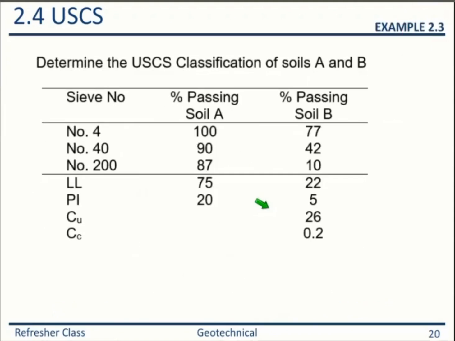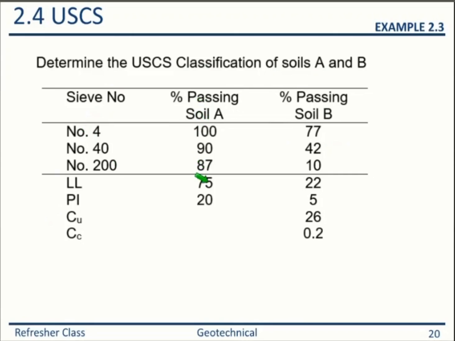So let's do this example. Please read it first. It says determine the USCS classification of soil sample A and soil sample B. Sieve sizes are given here and percentage passings are given here.